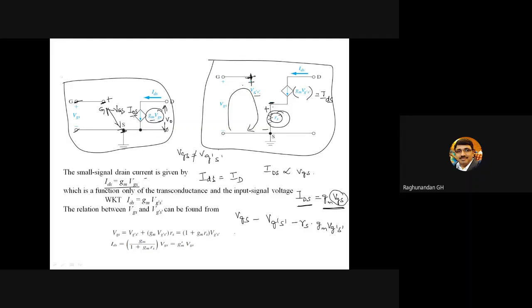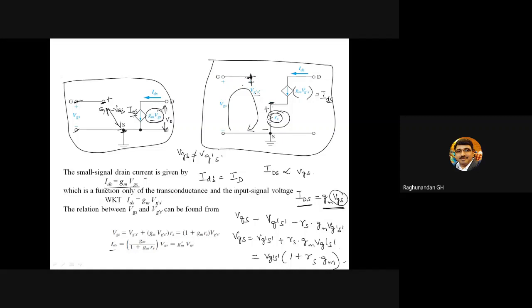Now shift it to the other side, we get VGS is equal to VG dash S dash plus RS into GM VG dash S dash. Taking VG dash S dash common, 1 plus RS into GM. And again we know that IDS is equal to GM into VGS.